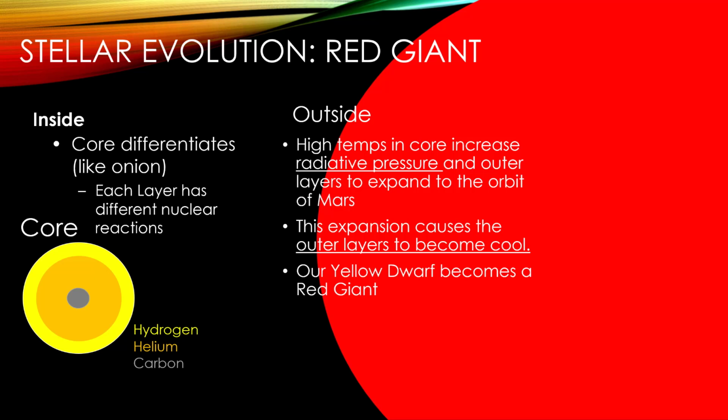In fact, our sun in 9 to 10 billion years, when the core begins to shrink like that, is going to, on the outside, grow into potentially a star the size of the orbit of Mars. A much, much bigger object called a red giant. So the core and the outward appearance are doing completely opposite things, which is interesting.